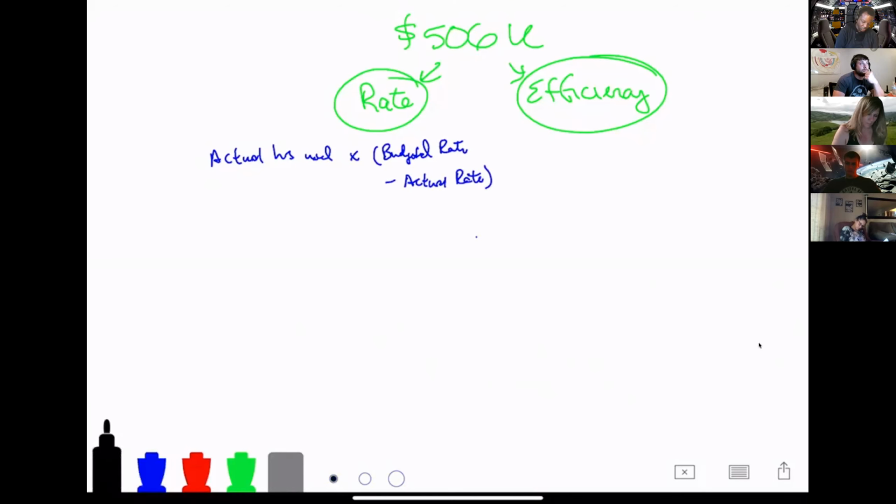So the actual hours used, we had 950 bicycles, and it took 3.8 hours to do those, less than our 4. But we also had 375 tricycles, and that took more time, 4.5.